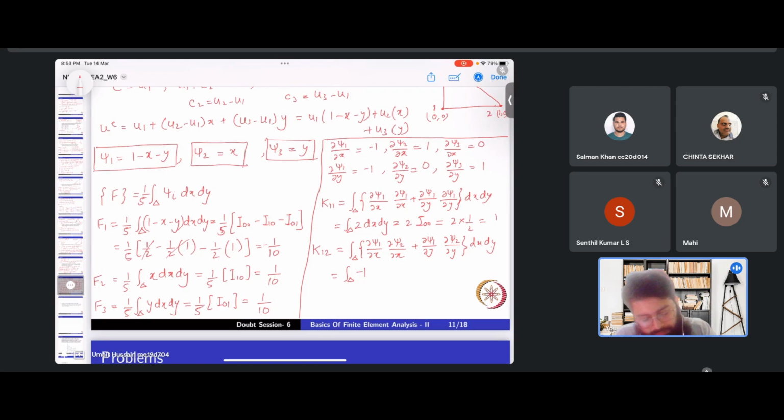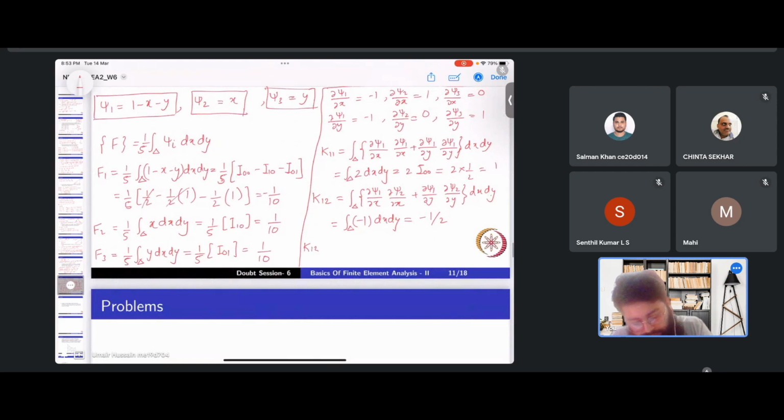Then dou psi 1 by dou y is minus 1 and dou psi 2 by dou y is 0, so the second term becomes 0. You have minus 1 times dx dy. Again dx dy is I00, that is half, so we get minus half.